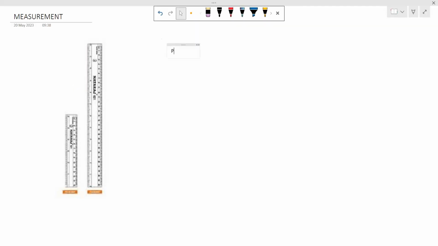Physics is exact science. So what is exact? Exact means accurate. So for accuracy we must need to have correct measurement.